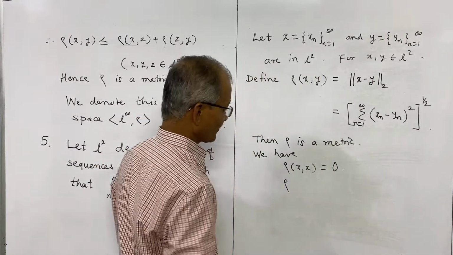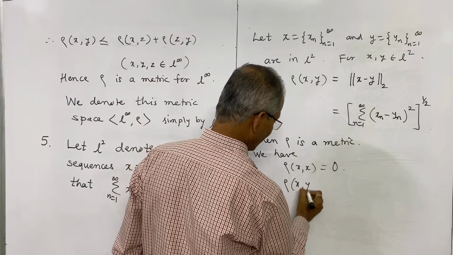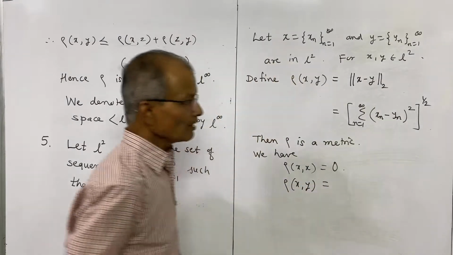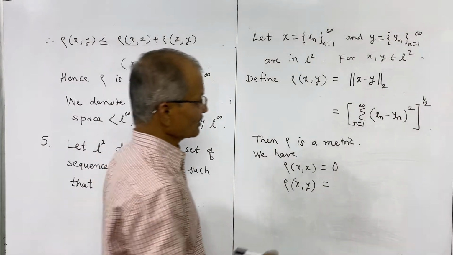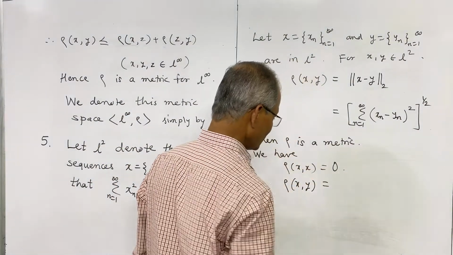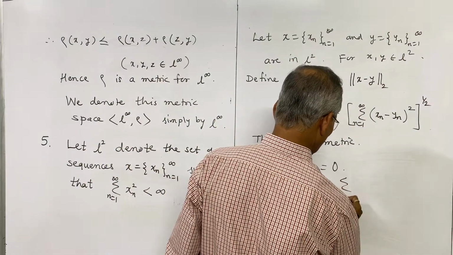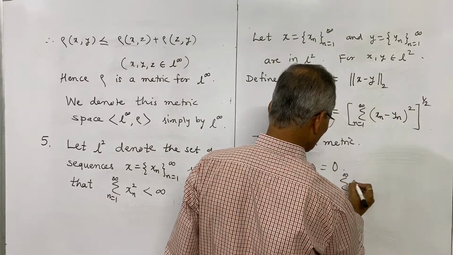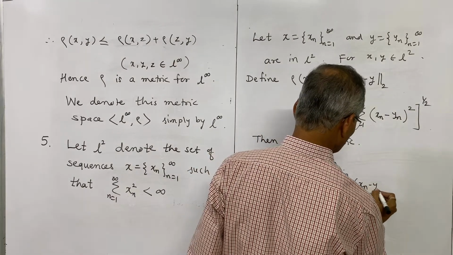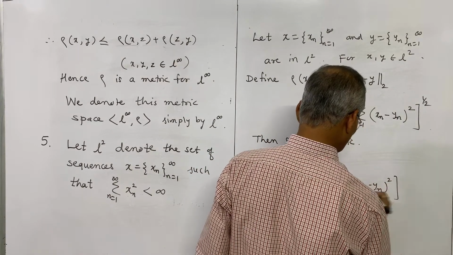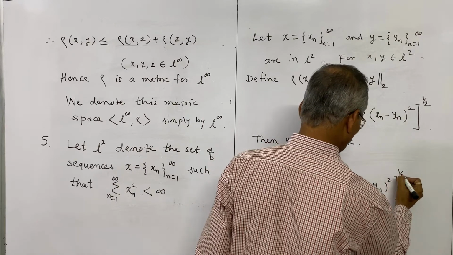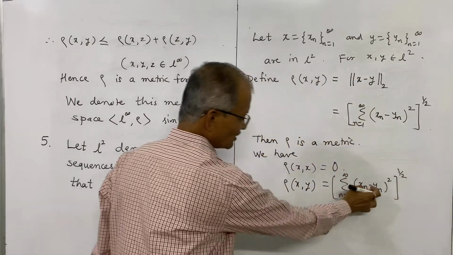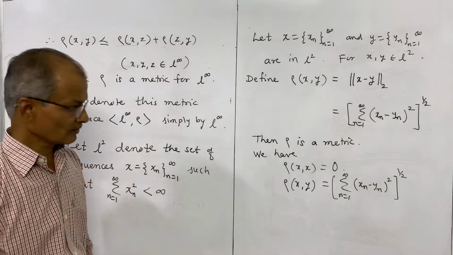Next, rho of x and y is the summation, n takes value 1 to infinity, of square of xn minus yn, whole raised to 1 by 2. Now we can interchange this under the square.